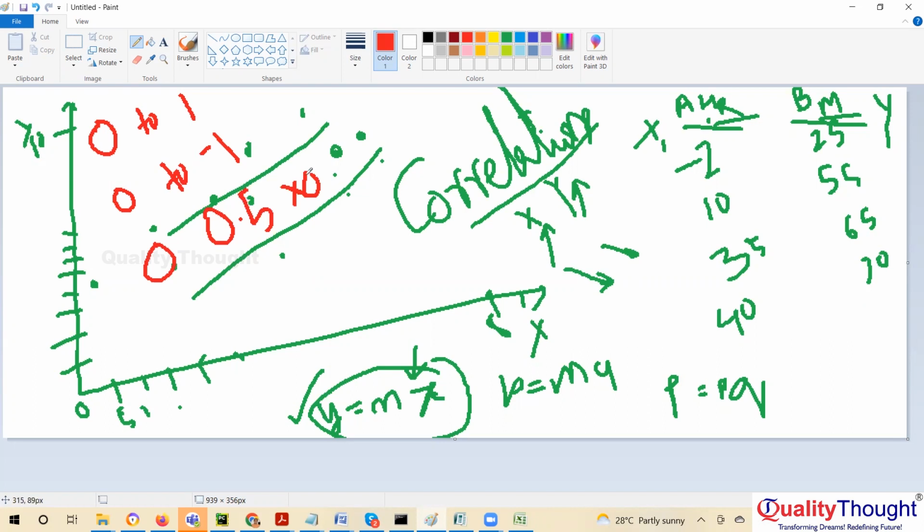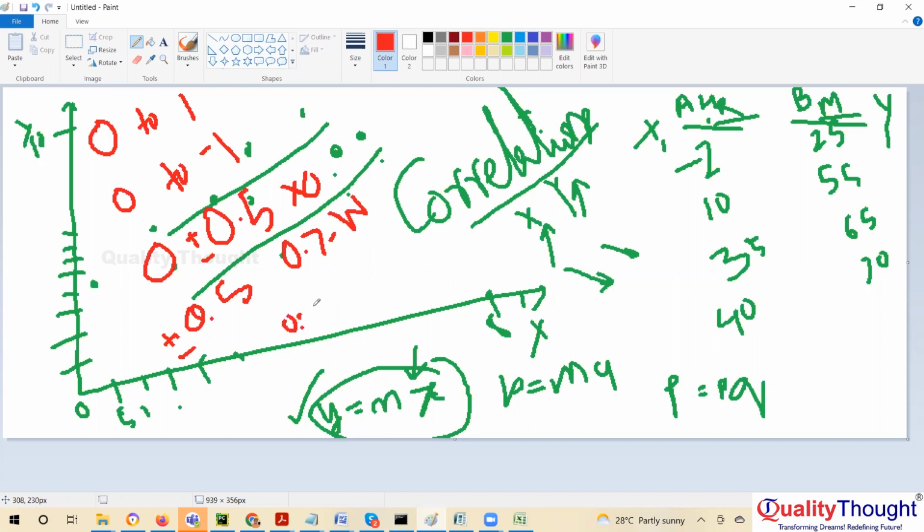You can change based on your experience, but generally this is what we understand. When I say 0.5, it is both plus and minus. So between plus and minus 0.5 to, let's say, 0.7, we call it weak correlation.